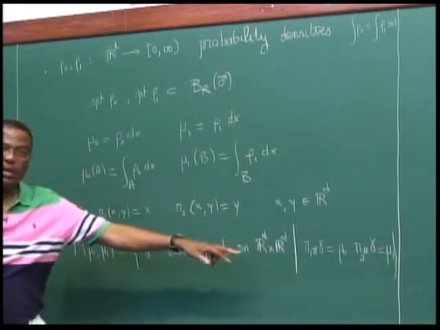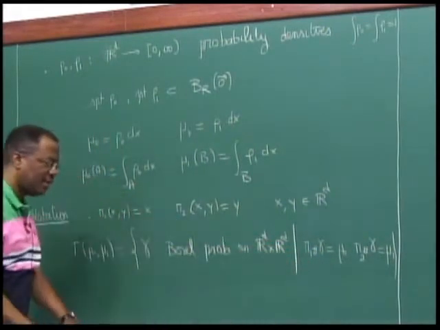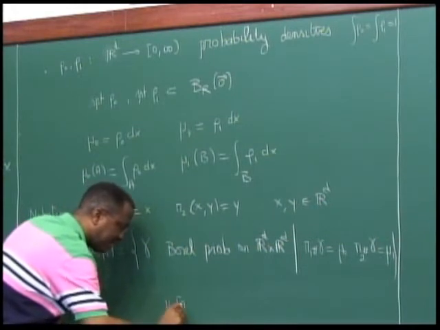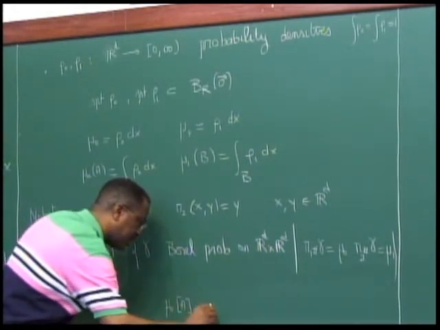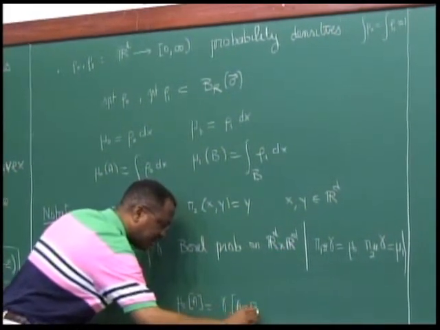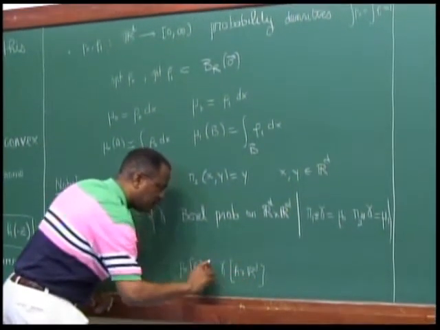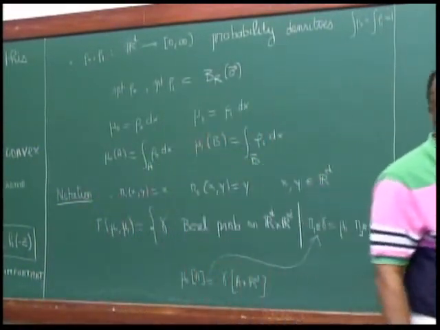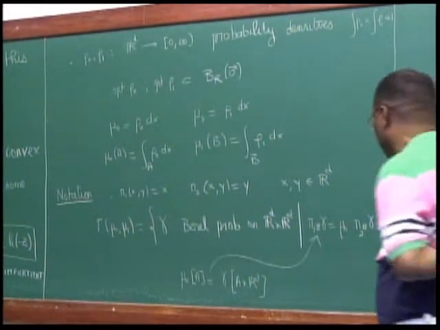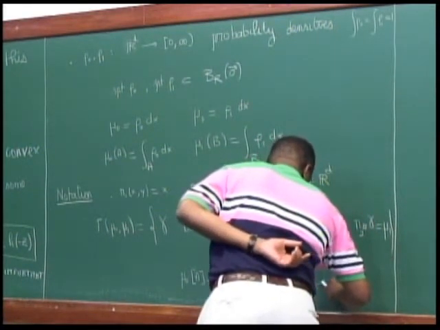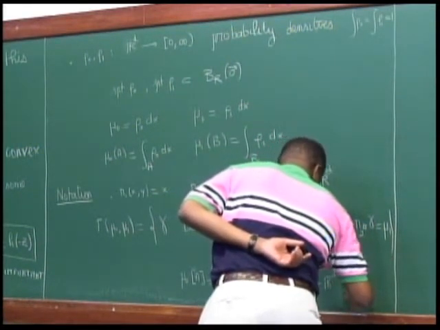So let me recall what this means. This means that mu naught of A is gamma of A cross R^D, for every A in R^D, Borel.